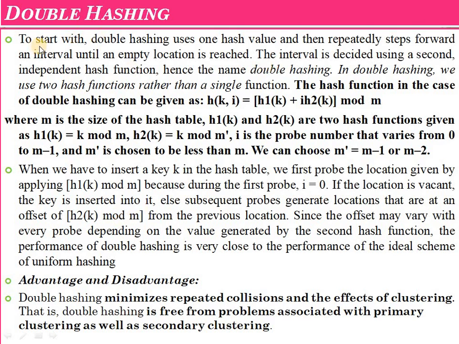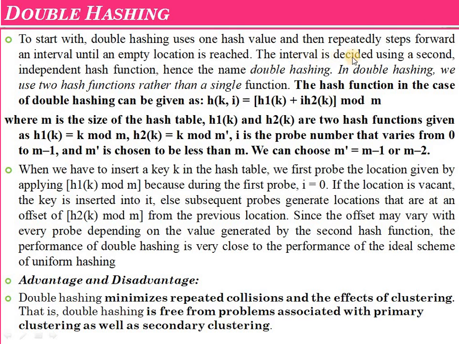Now, to start with, double hashing uses one hash value and then repeatedly steps forward an interval until an empty location is reached. Here we are using the hash value and then repeatedly following the interval.